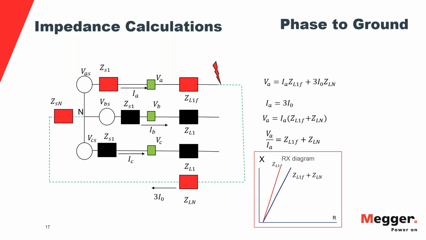Okay, so what I want you to notice here is that since we have the influence of the neutral, then the characteristic is changed. So in this case, we are going to have an influence of this impedance that is not going to allow us to properly determine the impedance of the line, the positive sequence impedance of the line to the point of the fault, because now we have two unknowns here.